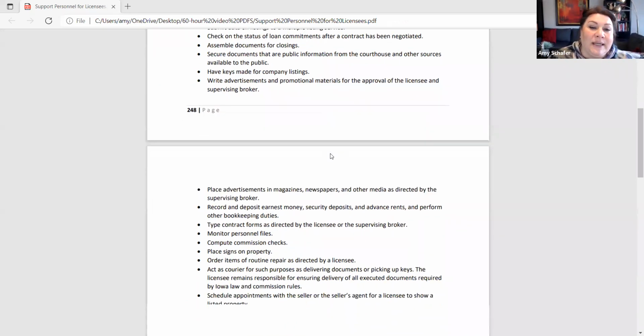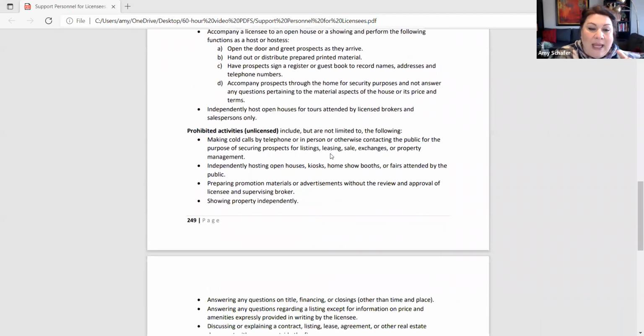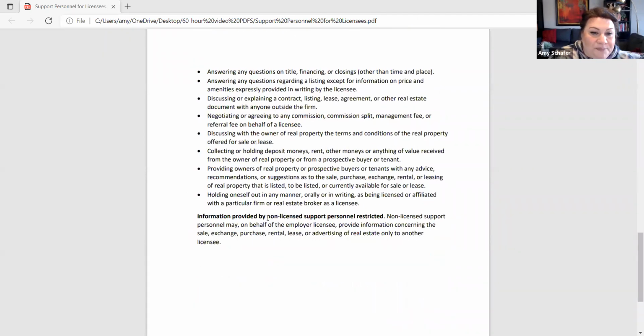One thing on this list that I do think is worded a little confusing is when they talk about collecting and holding deposit monies, rents, or anything of value. The law says that you can have someone else help manage the trust account, and you can have somebody that computes commission checks, okay?